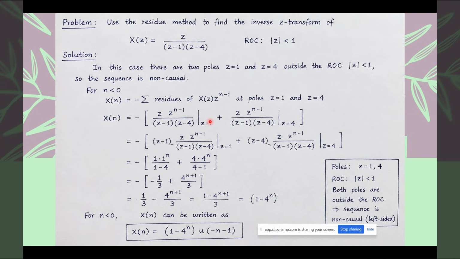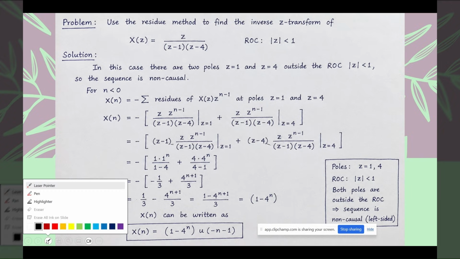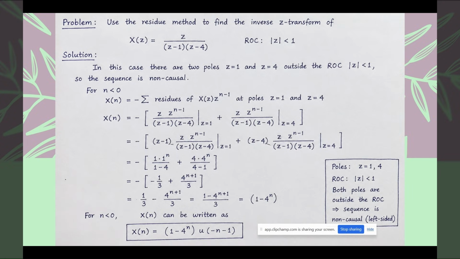The same methodology here: for pole 1 and pole 4, we have to find the residue. X of z, I'm writing as such, into z power n minus 1. See, this minus is common for both, so this will get cancelled.